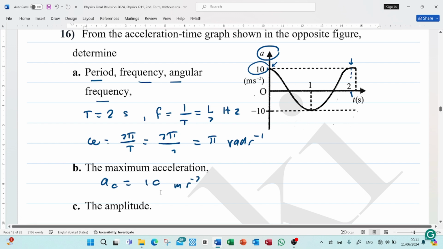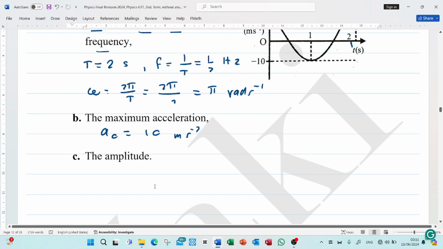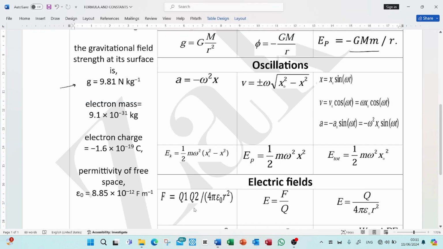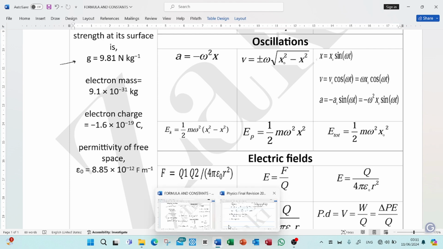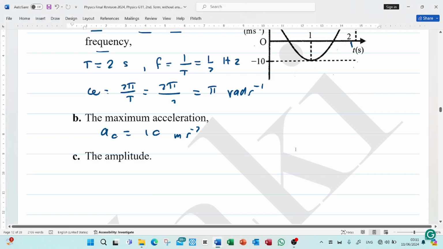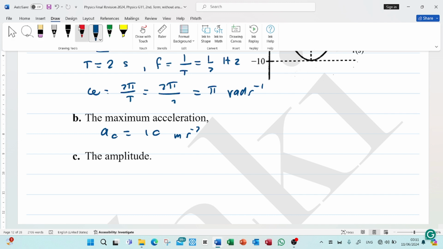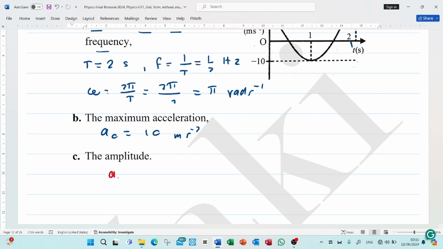Now we can get the amplitude from the maximum acceleration. But we have to go to the formula sheet to check the oscillations. A naught is not mentioned here, so you have to remember the relation between maximum acceleration and amplitude. The formula that you have to remember: A naught equals omega squared x naught.